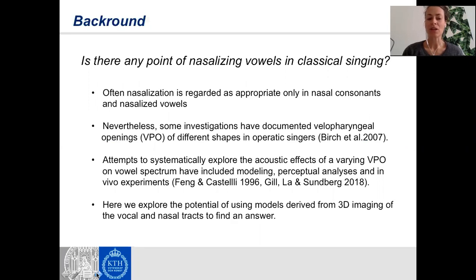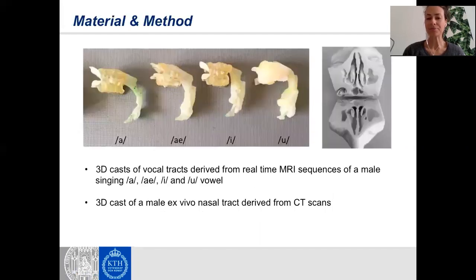And what we do here is try to experimentally analyze the effects of variation of velopharyngeal openings on acoustical effects on the vowel spectra.